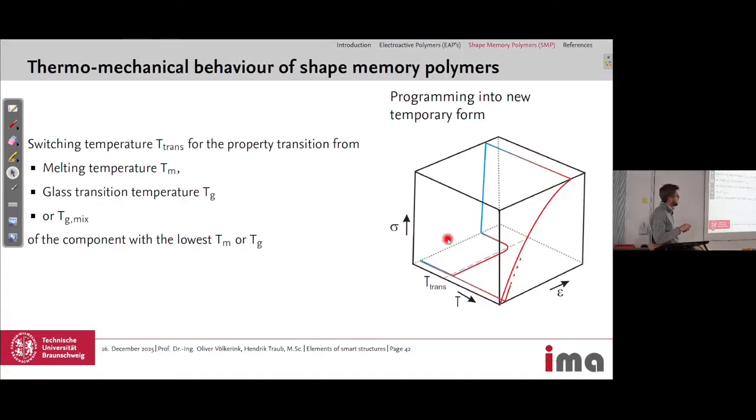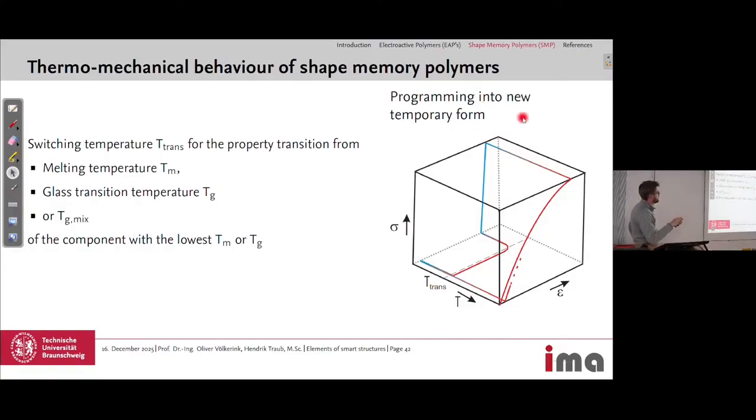This is the original shape, and if we then heat it up again above the transition temperature, it goes back to its original shape. So this is the mechanism from the original shape to the memory shape, so to say, to the new shape here. And then if we heat it up again, we can go down here.